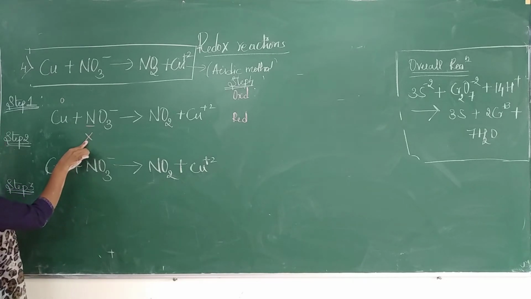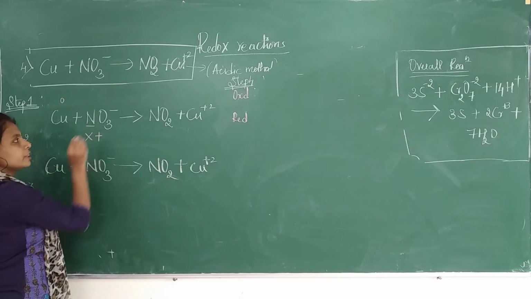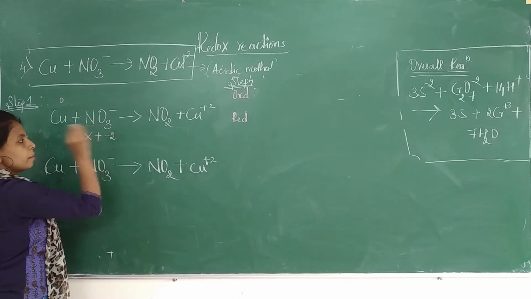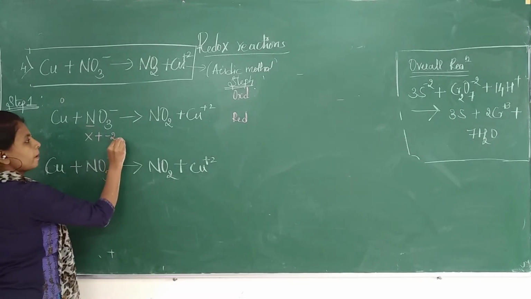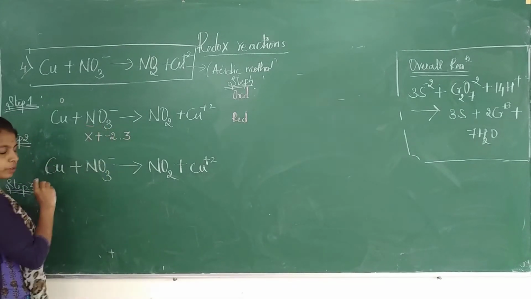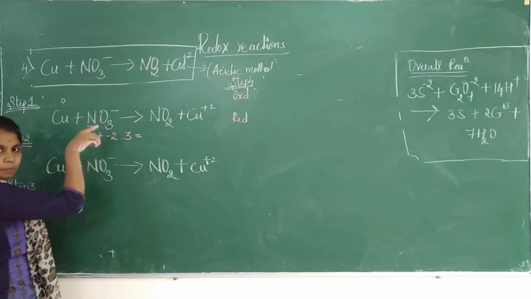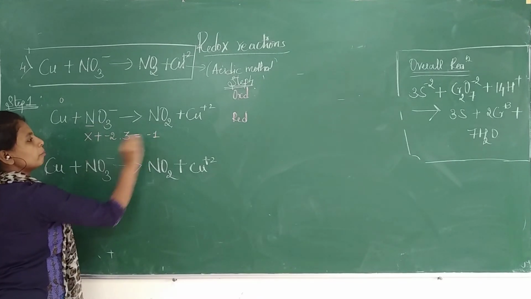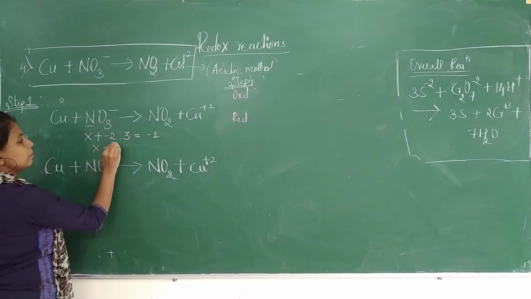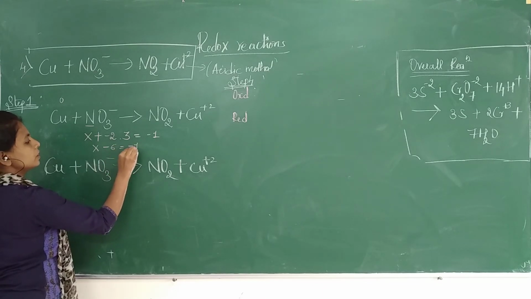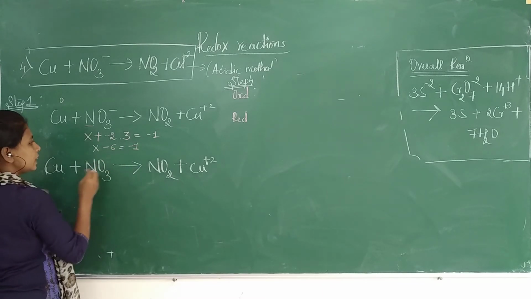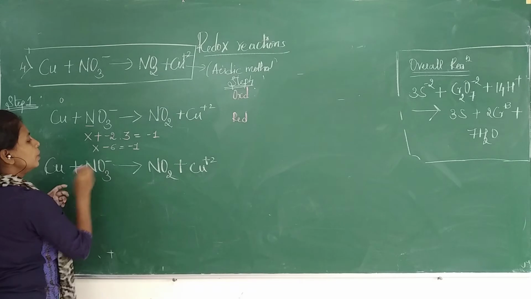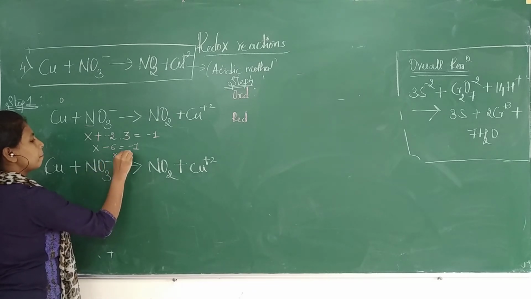N is X, you don't know, plus oxygen is minus 2 into 3, which is equal to the charge present on the ion. It is minus 1. X minus 6 equals minus 1. Clear? So hence X is equal to plus 5.